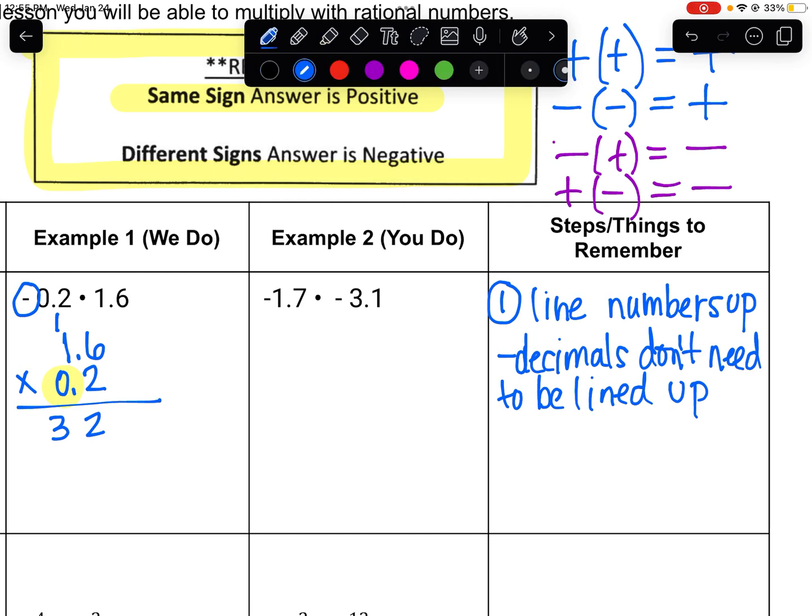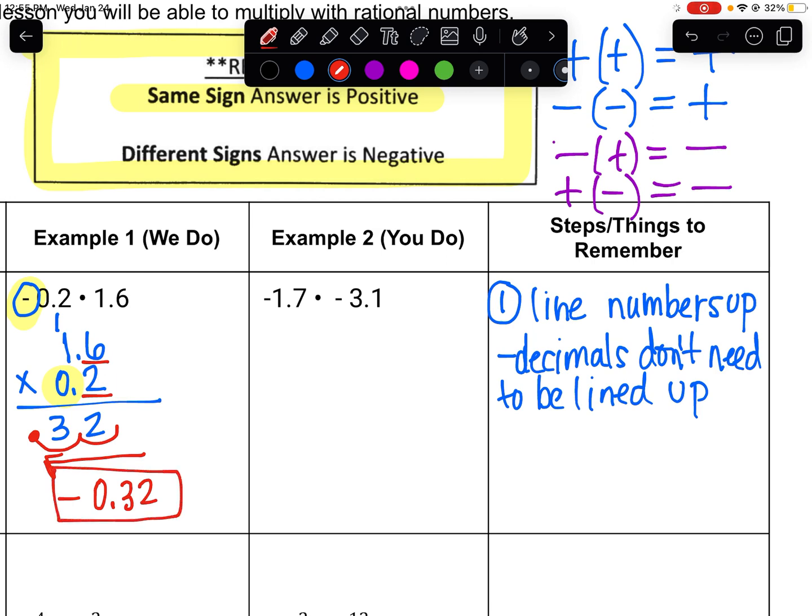What I'm going to do is place my decimal in my answer. Because I have two numbers behind the decimals, from right to left, I'm going to move that decimal back 2 times. Now this isn't my final answer because I still need to address that negative sign. Because I have 1 negative and 1 positive, the final answer here is going to be negative 32 hundredths.